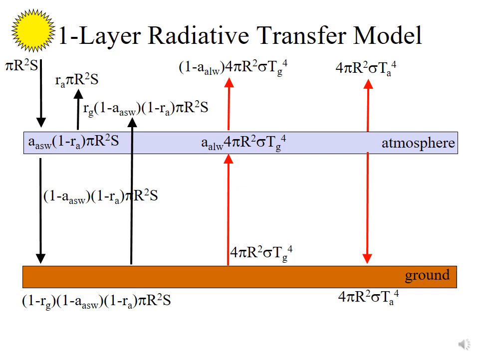But the atmosphere has a temperature greater than absolute zero, so it's obviously emitting infrared radiation as well. The amount of radiation the atmosphere is emitting is also 4 pi r squared times sigma times the temperature of the atmosphere to the fourth, and it's emitting that radiation essentially to space, and also the same amount of radiation back down to the ground.